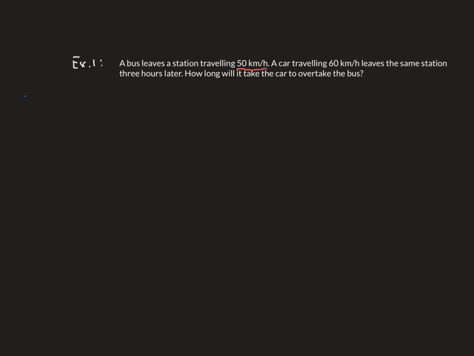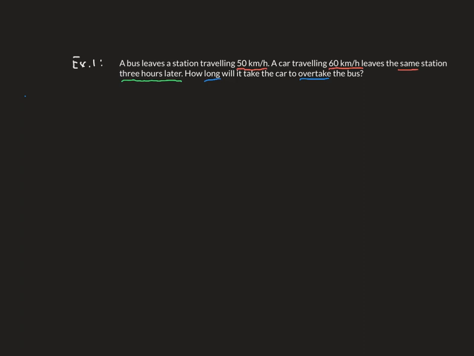A car traveling 60 kilometers per hour leaves the same station. I think that's also important. Same station, 3 hours later. That's very important too. 3 hours later. How long will it take the car to overtake the bus?